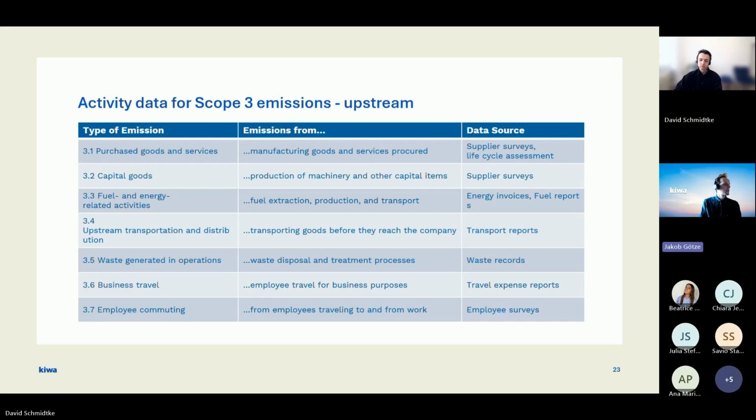Another example is very important for manufacturers, for example. It's the upstream emissions of purchased goods and services. And this is so important because it often is the scope 3 emission source with the highest emissions within scope 3.